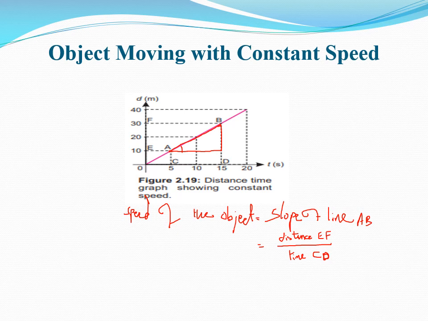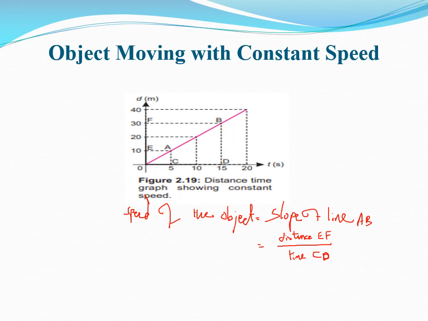This CD is the run and this EF is the rise. This is the perpendicular, or vertical line, and this is the horizontal. So how to get speed? The slope of the line AB is distance EF divided by time CD.